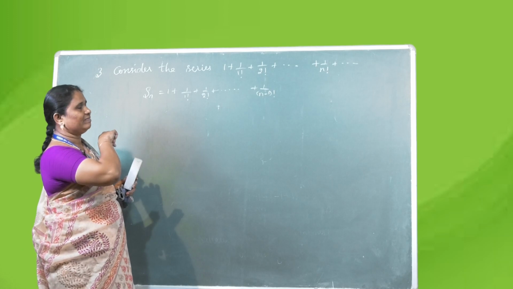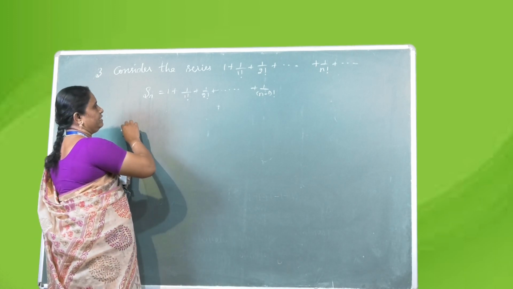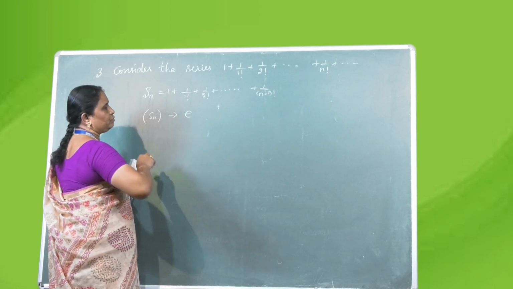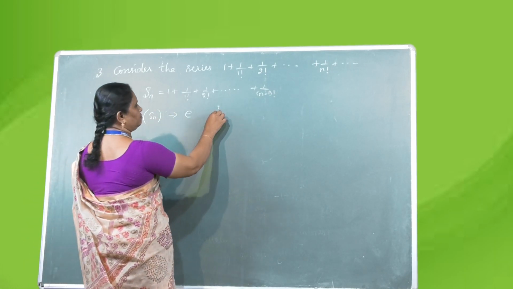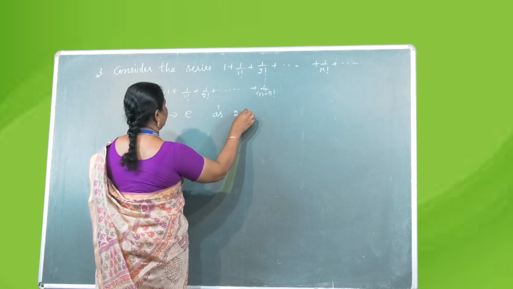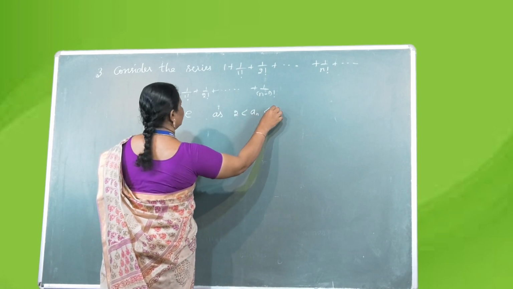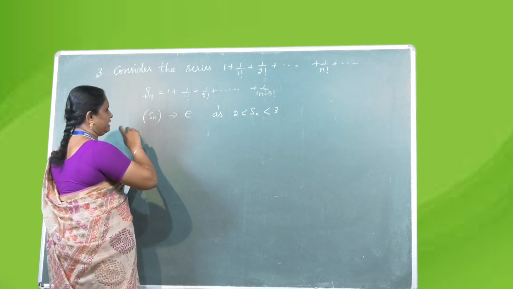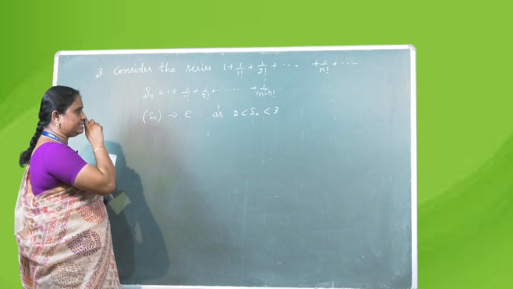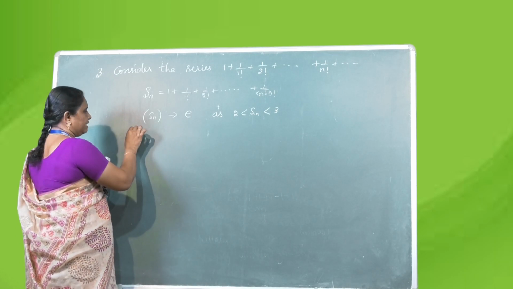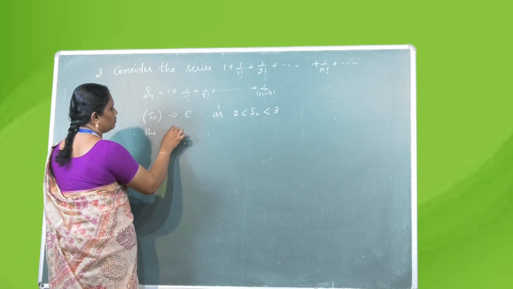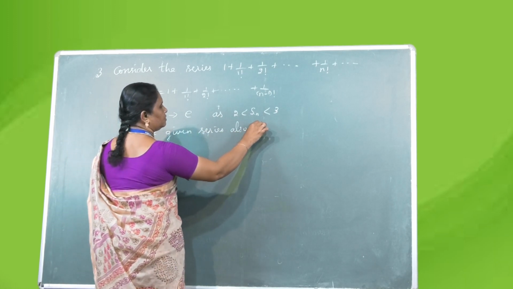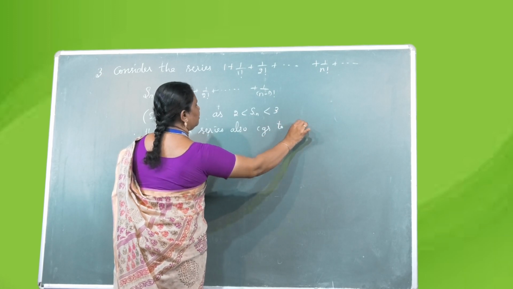And already in the sequence part, we have proved that this sequence Sn converges to the value e, as it varies between 2 and 3, that is 2 less than the nth term Sn less than 3. So it takes the value e, therefore the sequence Sn converges to e, and therefore the given series also converges to the value e.